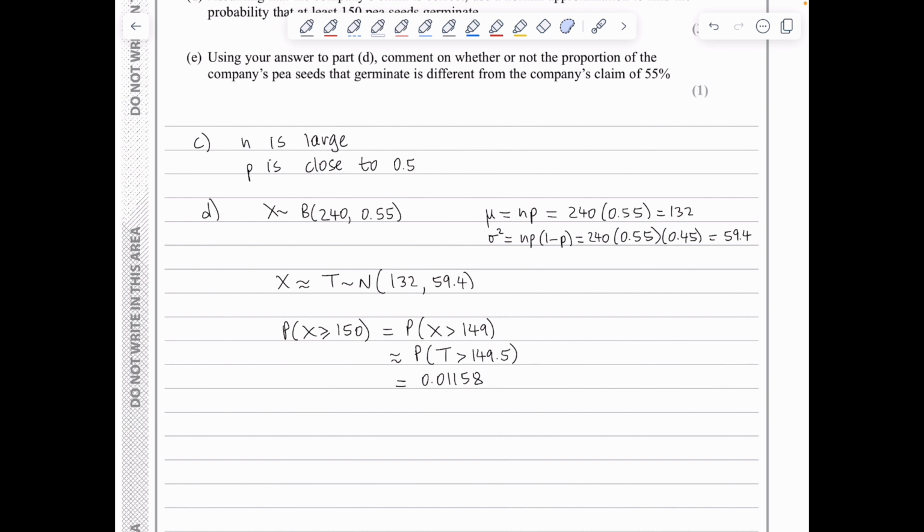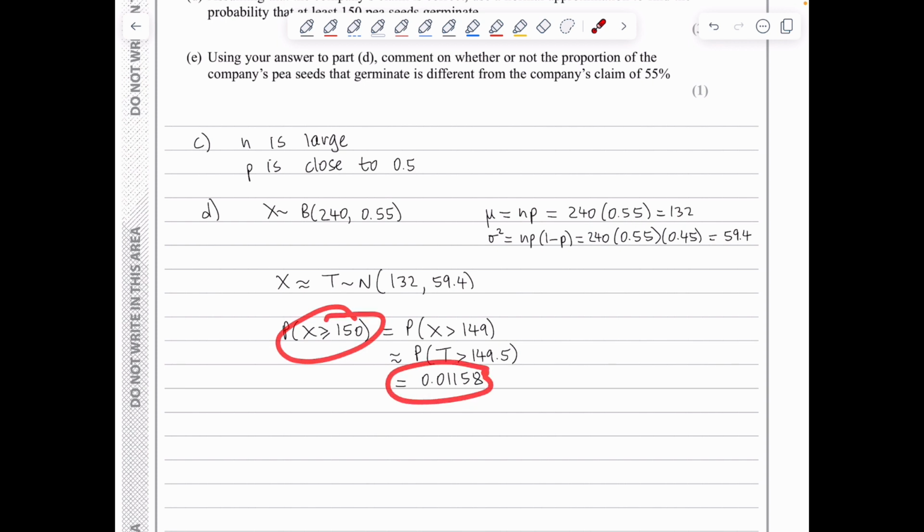In part D, we need to use the answer to part C to comment on whether or not the proportion of the company's pea seeds that germinate is different from the company's claim of 55%. Well, we found that the probability of x being greater than or equal to 150 is 0.01158.